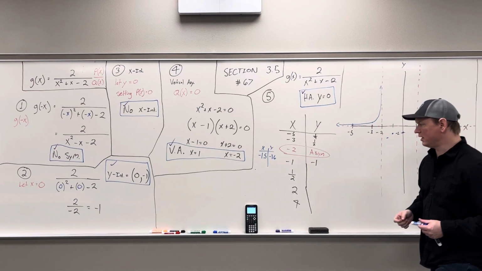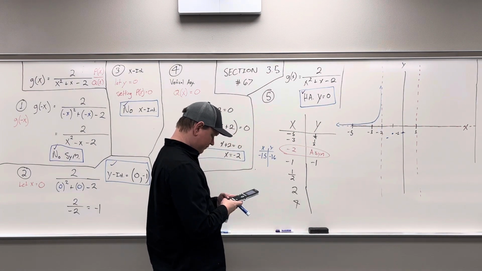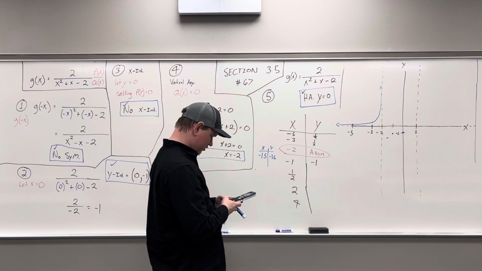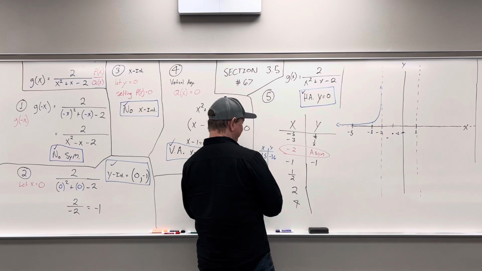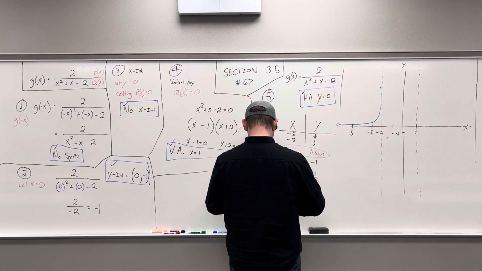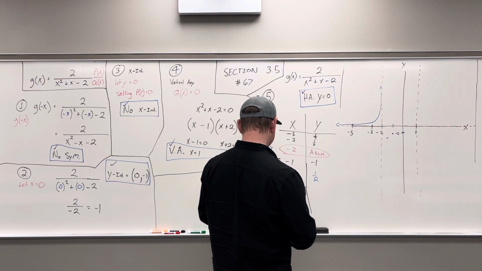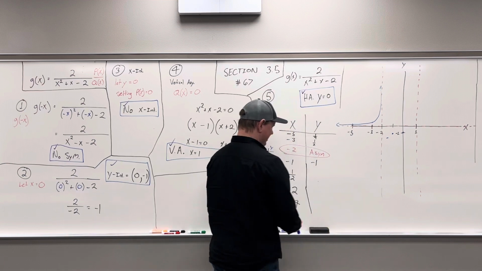But what's happening right here, and this is when we'll put in our 1/2. So we're going to take x as 1/2, and we get a 1/2. Oh wait, sorry. I was about to say that's not right.